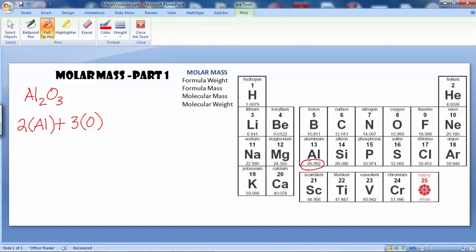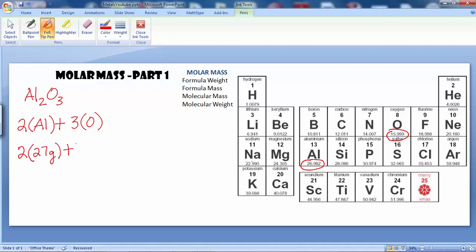So what we need to do is refer to our handy periodic table and get the atomic mass of aluminum, and we need to get the atomic mass of oxygen. These are the atoms that make up this compound. So we take 2 times the atomic mass of aluminum, which is 26.982. I just round that to 27 grams.